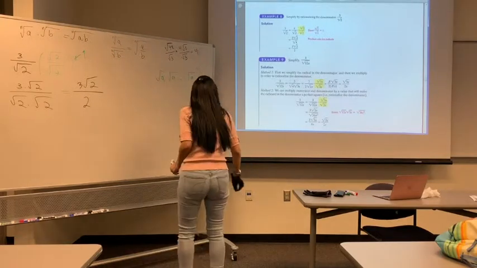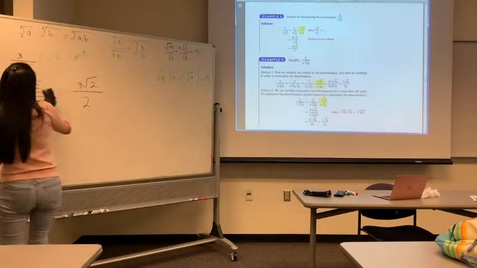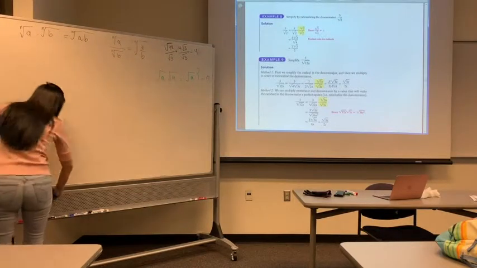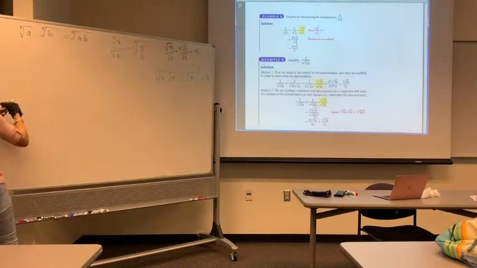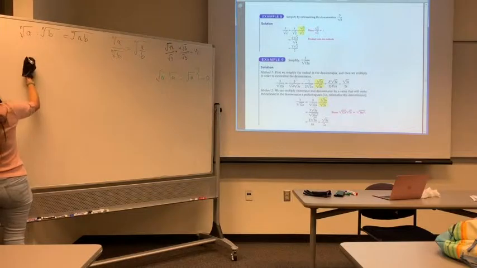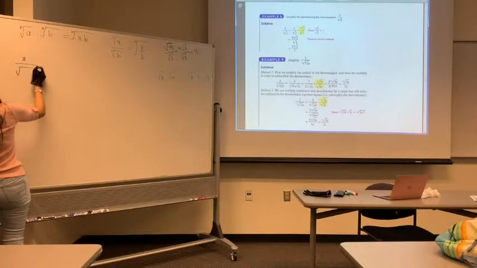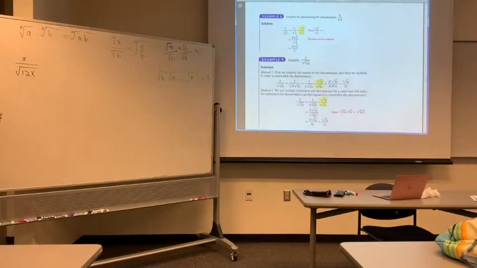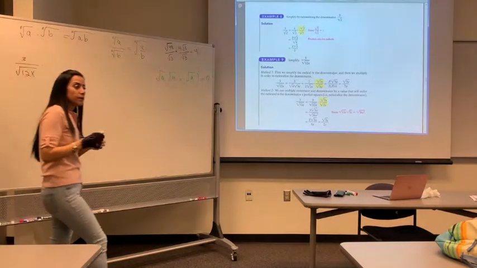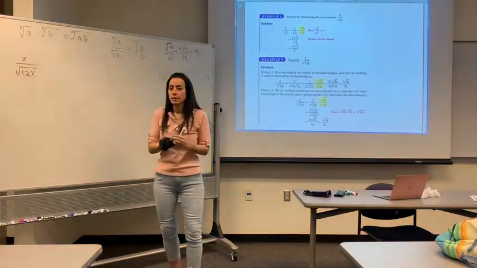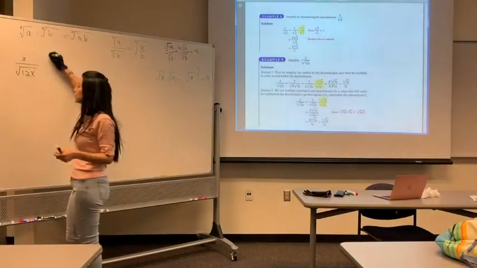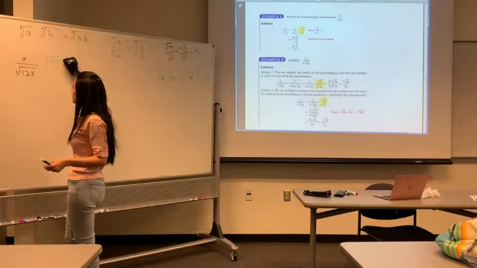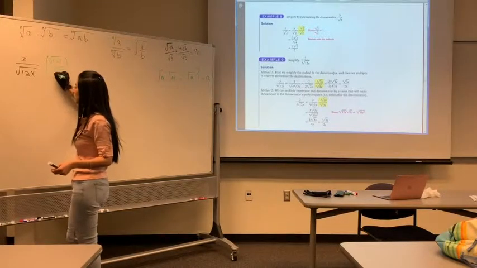Okay, so now let's say we have 3 over radical 12x. I'm going to multiply the whole fraction by the same denominator divided by itself.